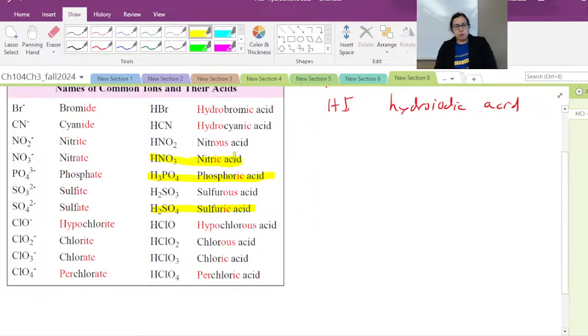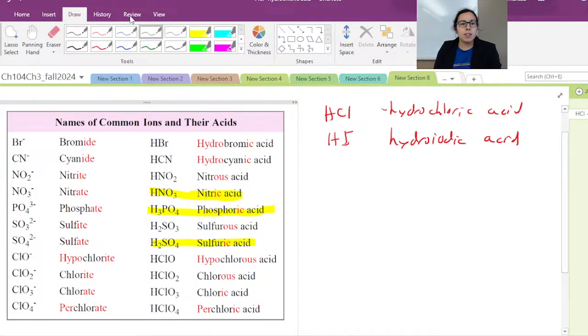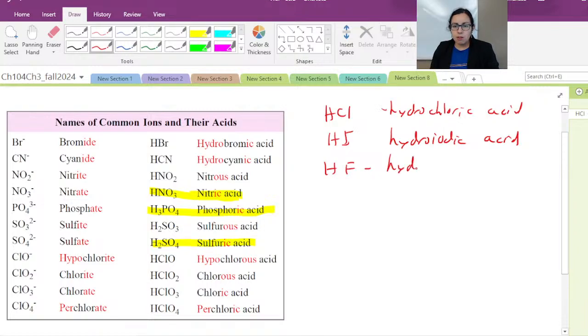But just kind of go through this naming. So you just kind of have to learn these other ones. You just have to know that nitrate is nitric acid and phosphate goes to phosphoric acid. And then sulfurous, sulfuric, etc. Just kind of, again, learn those. And obviously HF, right, hydrofluoric. So those all follow that same pattern.